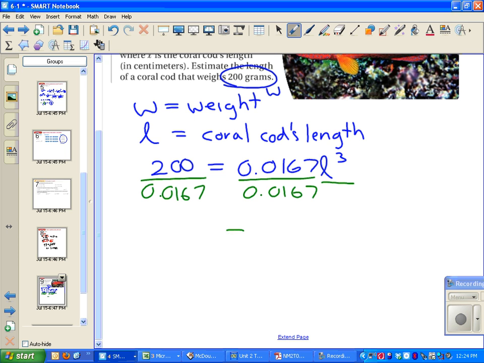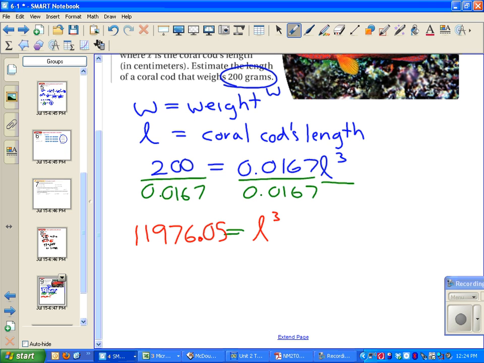Okay, so when I do that, I have L cubed on this side, and when I divide, I get this number, almost 12,000. Okay. All right, so from there, since it's real life, we're going to use our calculator.